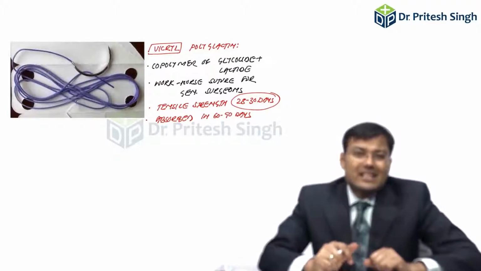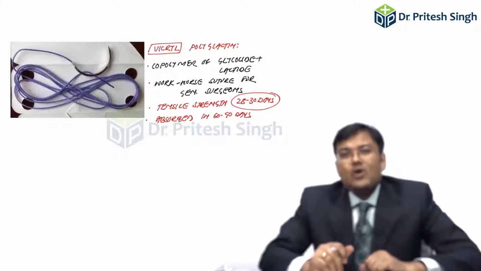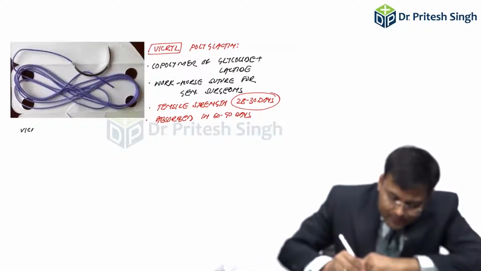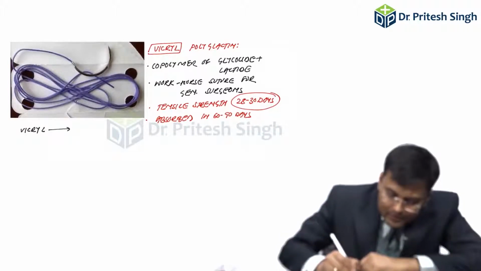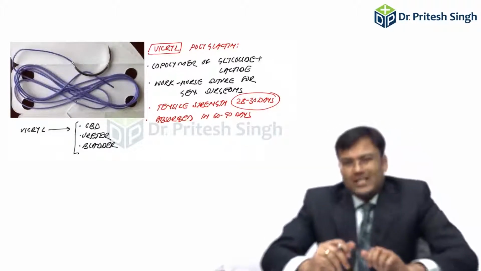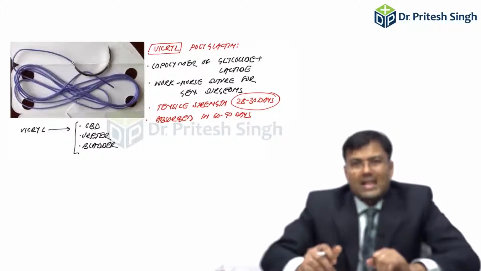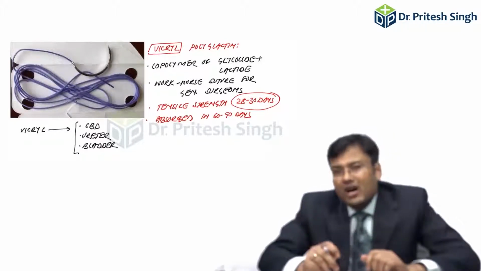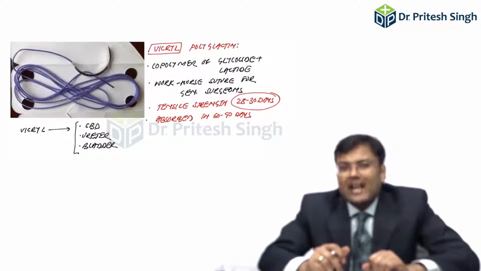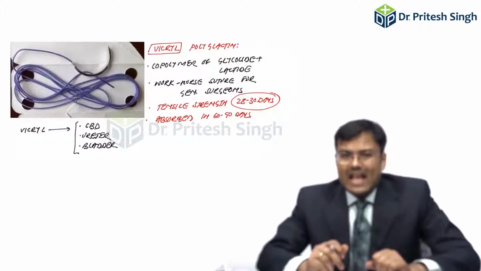In all these three organs we have to use Vicryl. This question is indirectly asked: for CBD, ureter, and bladder, do we use absorbable or non-absorbable suture? The answer is absorbable suture, and which one? Vicryl, which is a delayed absorbable suture.